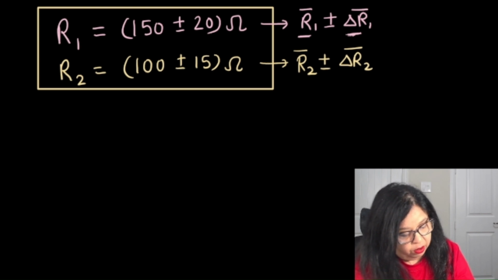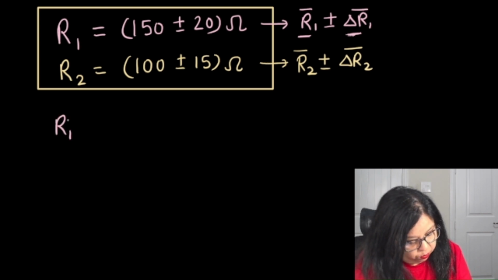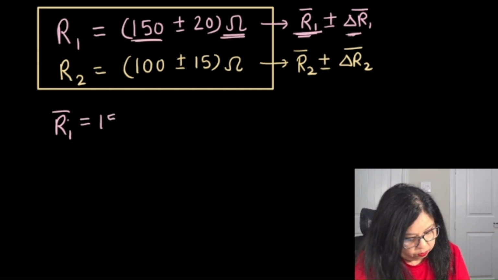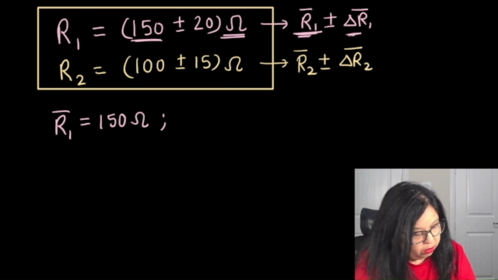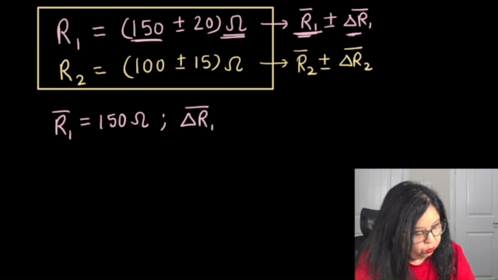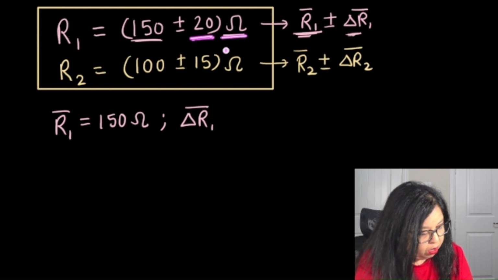Alright, so from here we get that this R1 bar is equal to 150 ohms. And delta R1 bar, that would be equal to what? 20 ohms.